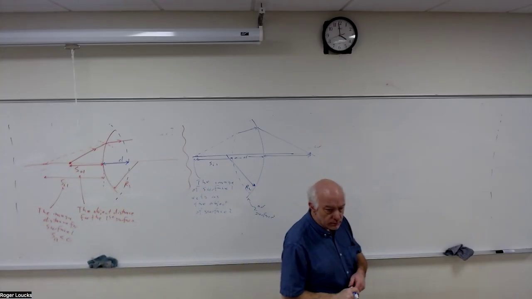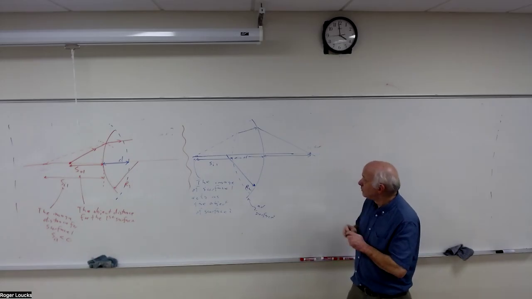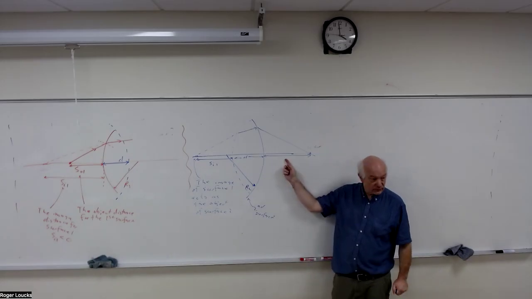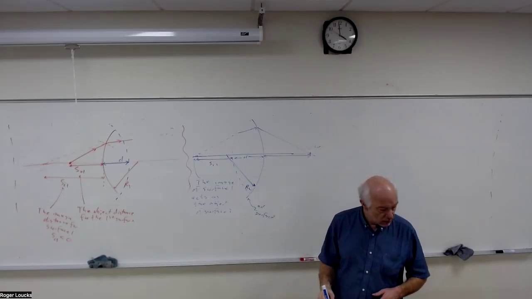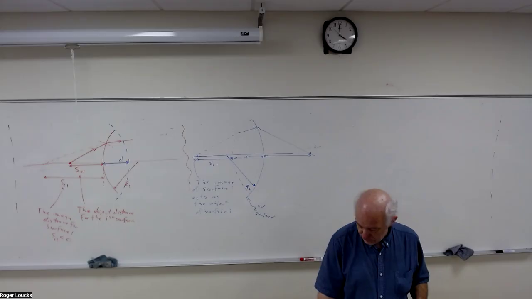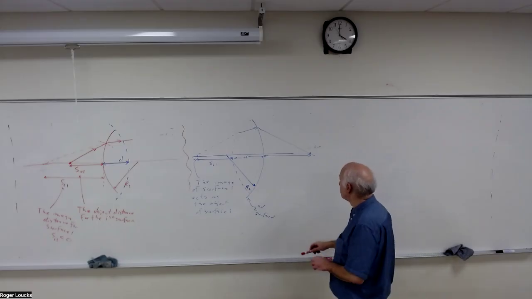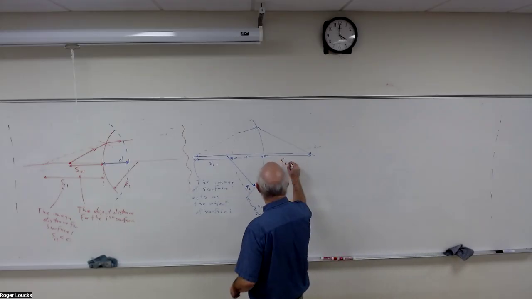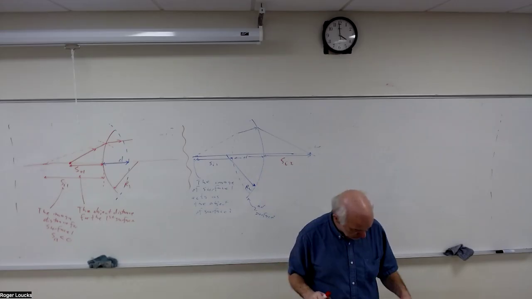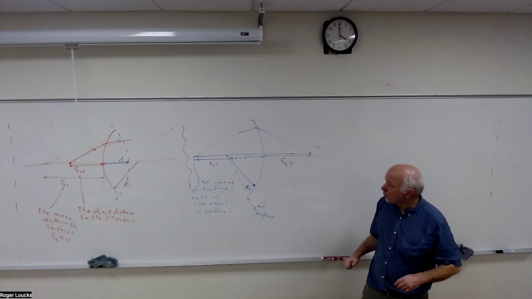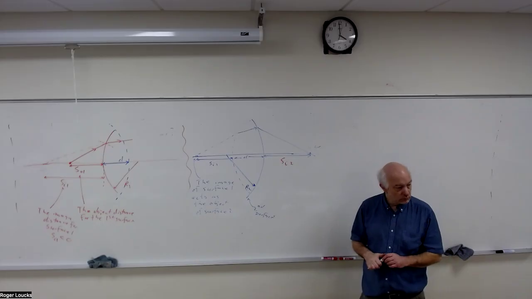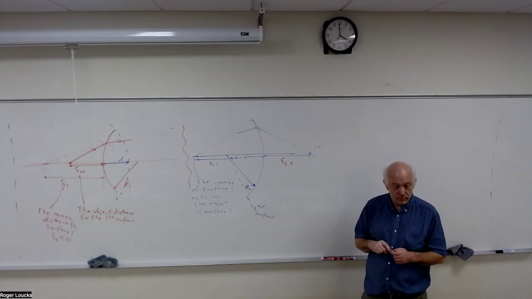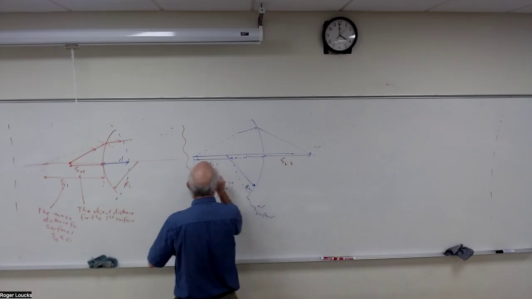What is that going to be called? Yeah, this is going to be an S. This is an image distance, but it's for the second surface here. So this will become SI2. Now, where would be SO2? This right here.